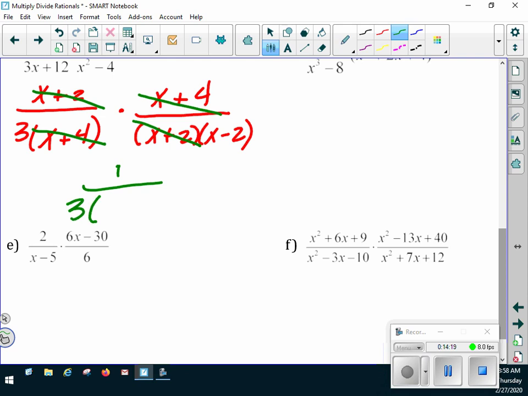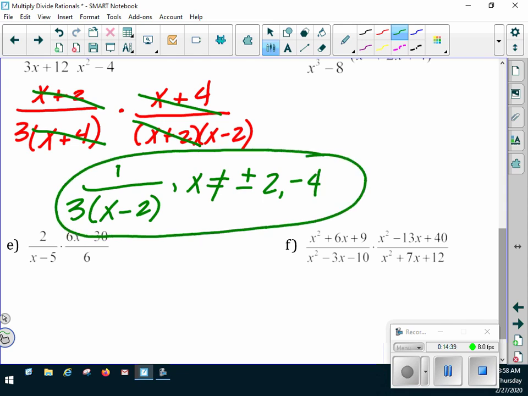Denominator is 3 times x minus 2. Do you have to distribute the 3? No, if you want to, go ahead, but you don't have to. Are there any x values that are not allowed here? Plus and minus 2 and negative 4. There you go.